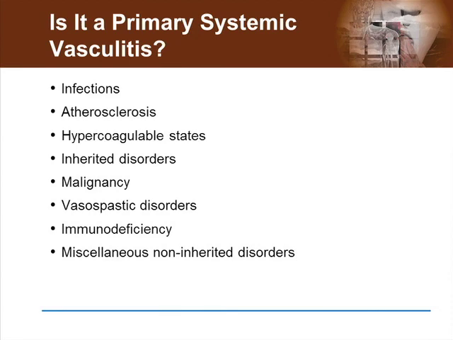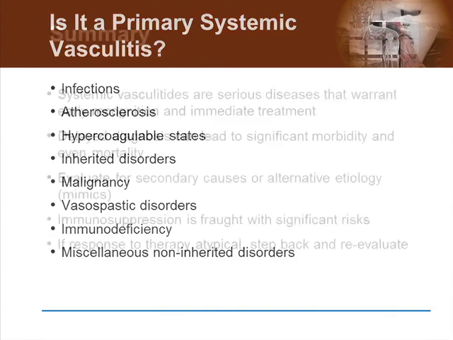Conditions that can be associated with mimics include infections, atherosclerosis, hypercoagulable disorders, inherited disorders like we saw, malignancy, especially even intravascular malignancies, vasospastic disorders as can be seen with reversible cerebral vasoconstriction syndromes as a differential of primary CNS vasculitis, immunodeficiency, and miscellaneous non-inherited disorders.